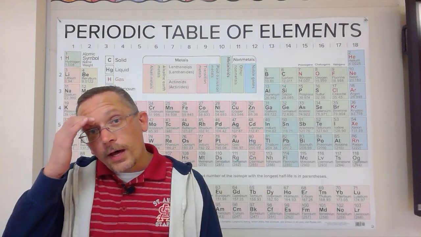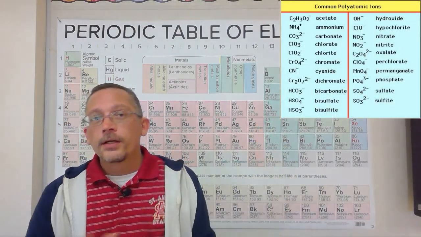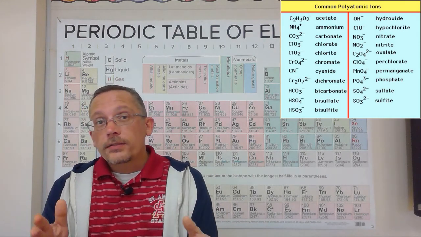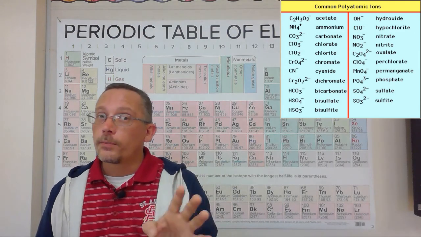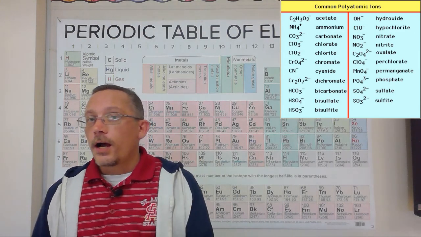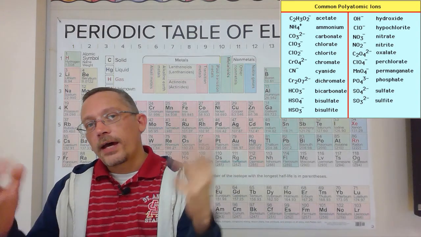There are also some ions that form from groups of atoms, and you should see a chart up here. These ions that form from groups of atoms are called polyatomic ions. We'll talk more about polyatomic ions later. Basically, they're an ion that's formed from a group of atoms.